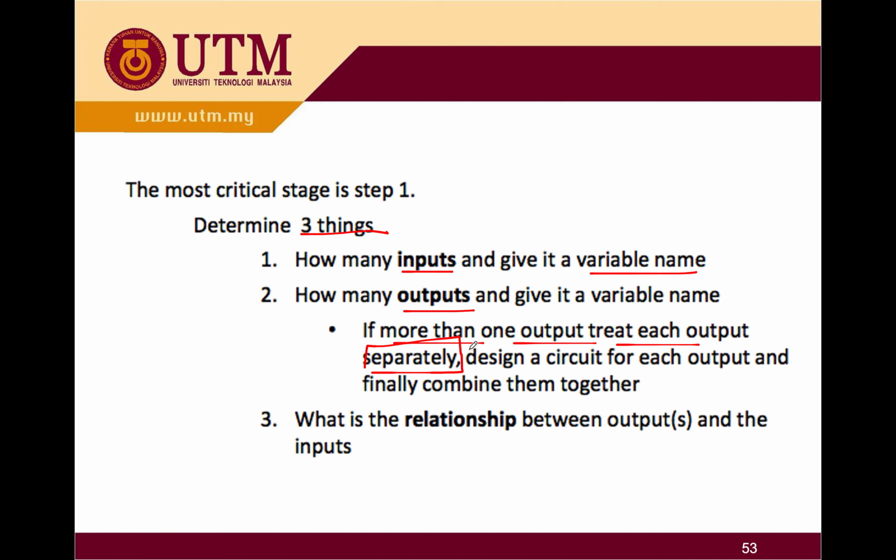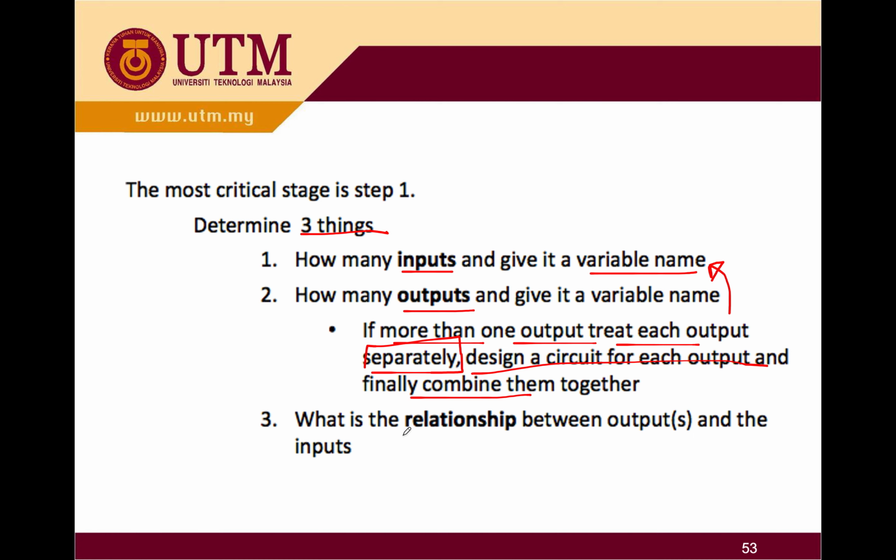So you need to know how many outputs, similar to the scenario you already learned with the full adder and half adder, where there are 2 outputs. And you need to design a circuit for each output, and finally you're going to combine them together, because all these outputs are linked together and use the same input variables.